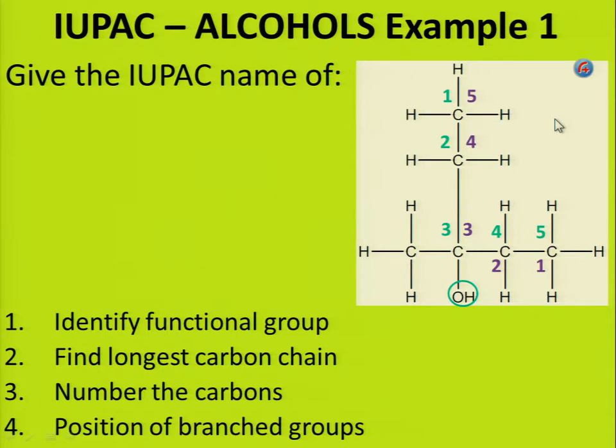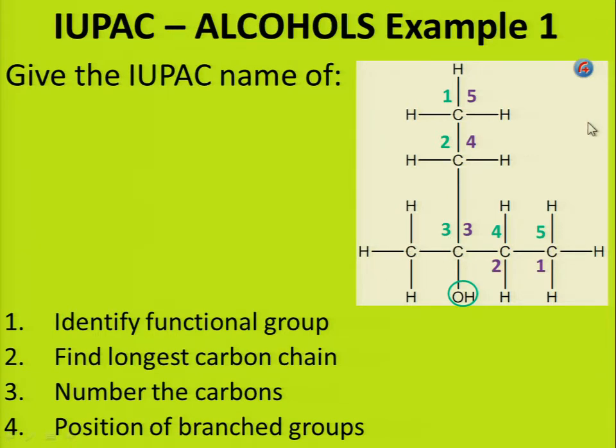Now to decide which is the correct set of numbers, the green ones or the purple ones. The OH group is your functional group, and therefore it should be at the lowest possible carbon number. The green set and the purple set gives you carbon 3 for the OH group. Therefore, you cannot decide it by that. So now you look at it another way. It doesn't matter if you number the purple numbers or the green numbers, the methyl substituent will always be at carbon 3.